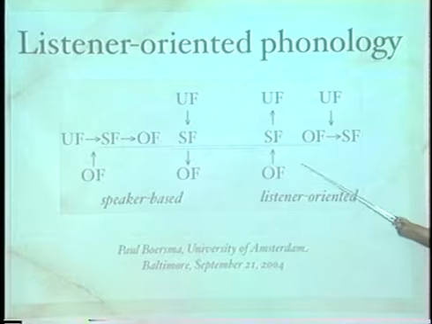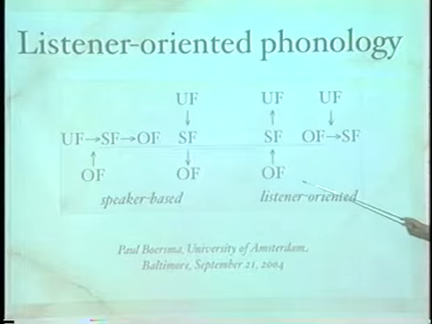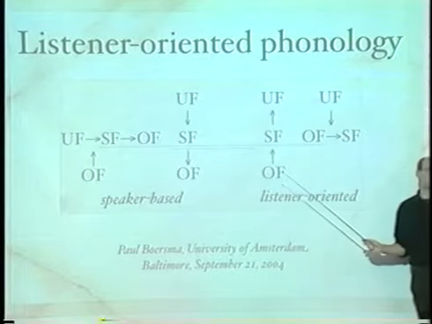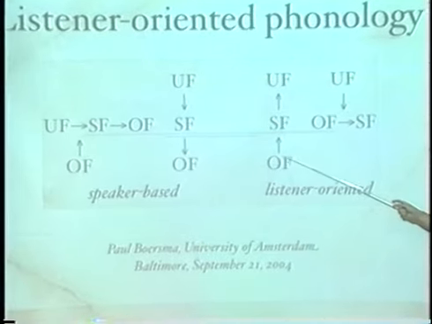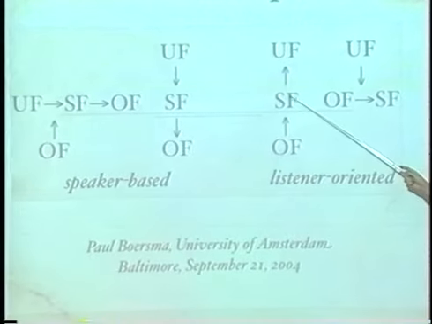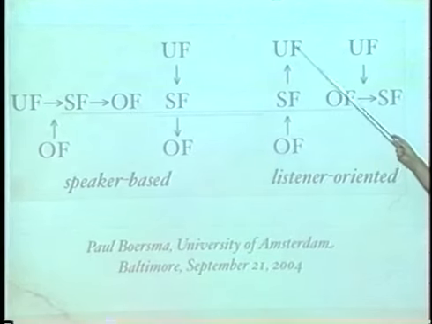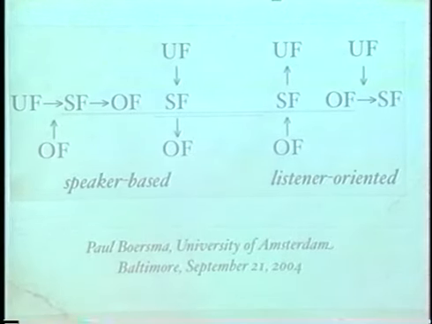Now here's the reverse model that I argue for in this talk. The listener is straightforward. The listener takes an overt form, computes surface structure from that, and from that accesses the lexicon. So this two-step model is something that many psycholinguists have proposed.